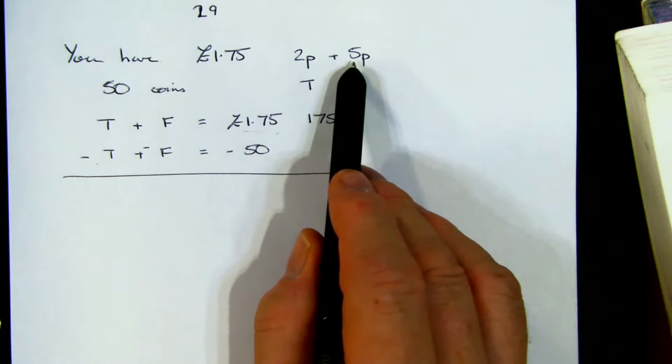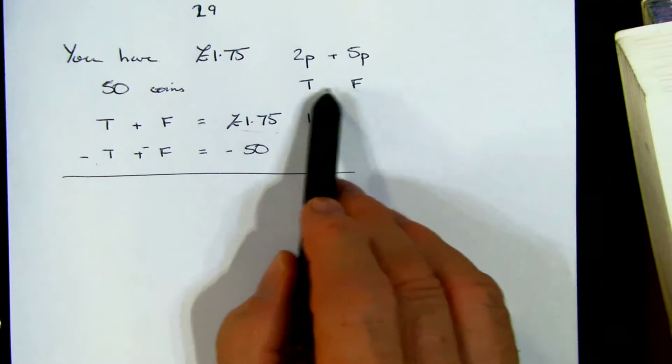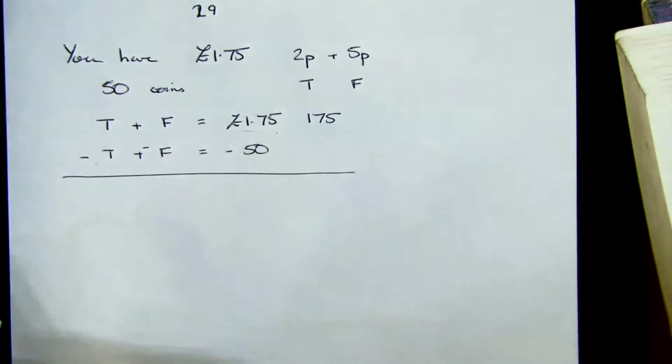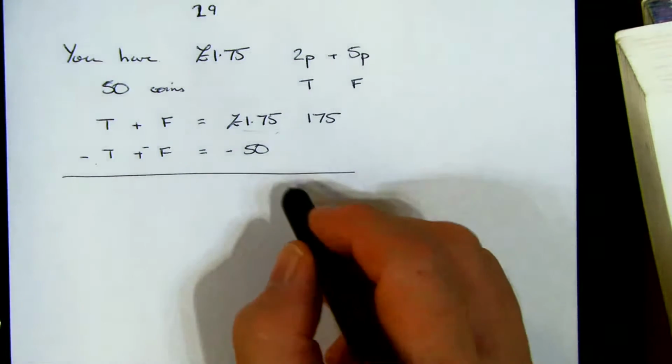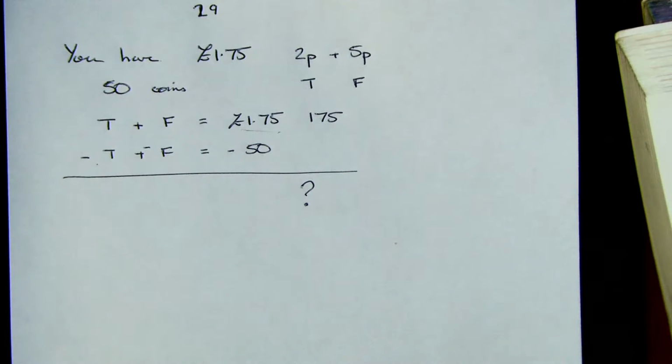These 2p coins and this number of 5p coins make up a total of 50. So how might you work this one out? What might you need to do to get this one? It's a bit more of a difficult problem to solve, and as you see, it didn't quite work out as we expected. So we're going to work out a little bit more on how to do this one.